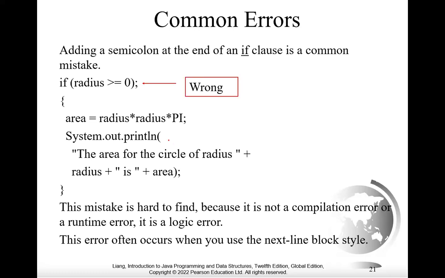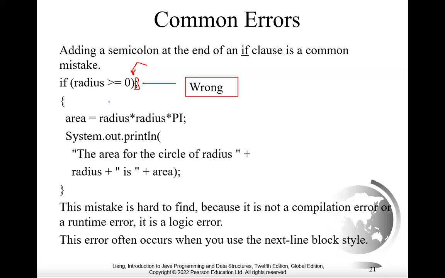Common error. You know this already from C. You cannot put a semicolon in front of an if. Now, it will not be a compile error. Your code will compile. The only thing is that your code will do something different. What it means is there is nothing that should be done whenever this radius is true, whether radius is greater than or equal to 0. Whenever it is true, it shouldn't do anything because it should do what is between this parenthesis and this semicolon, which is nothing.